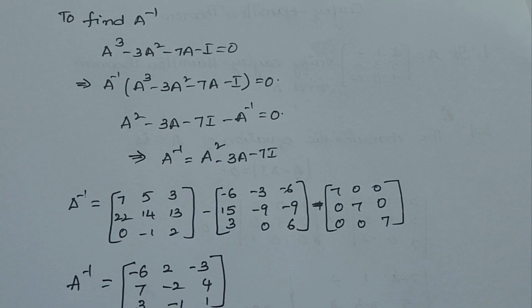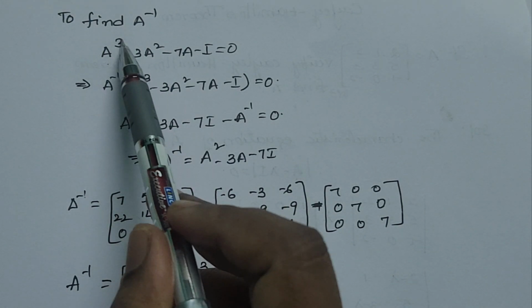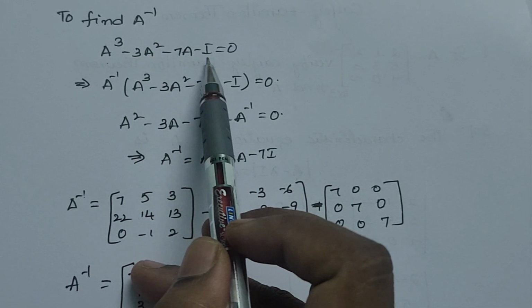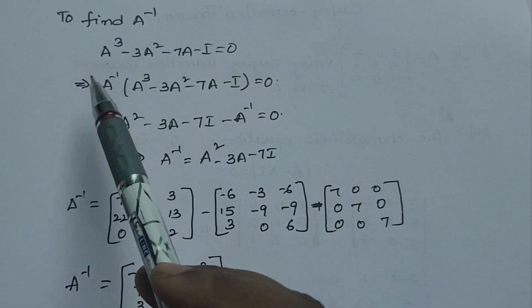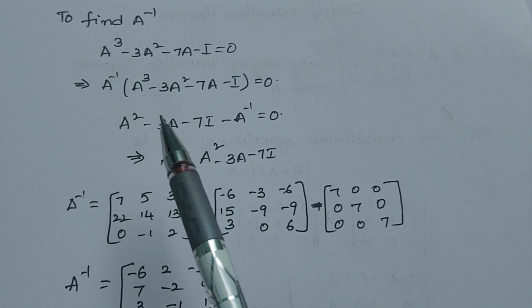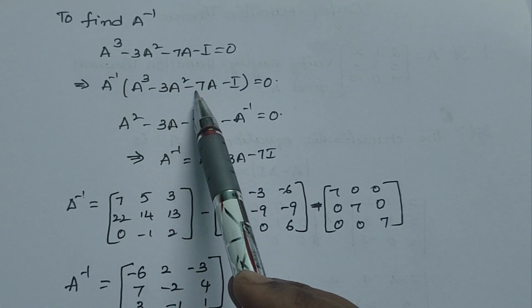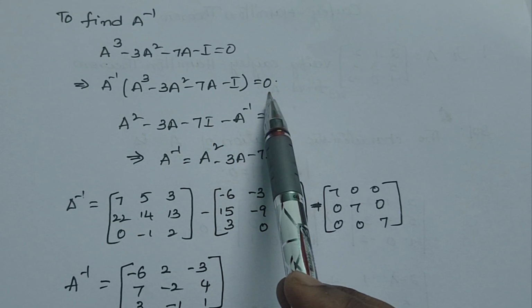To find out A inverse by using Cayley-Hamilton theorem, it is very simple. We know this equation A cube minus 3A square minus 7A minus I equal to 0. Now multiply both sides of this equation with A inverse. So A inverse of A cube minus 3A square minus 7A minus I equal to 0.